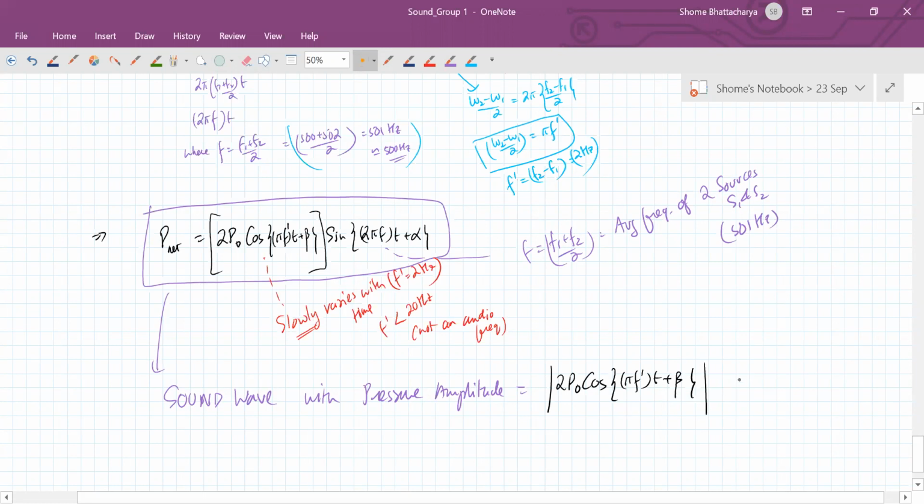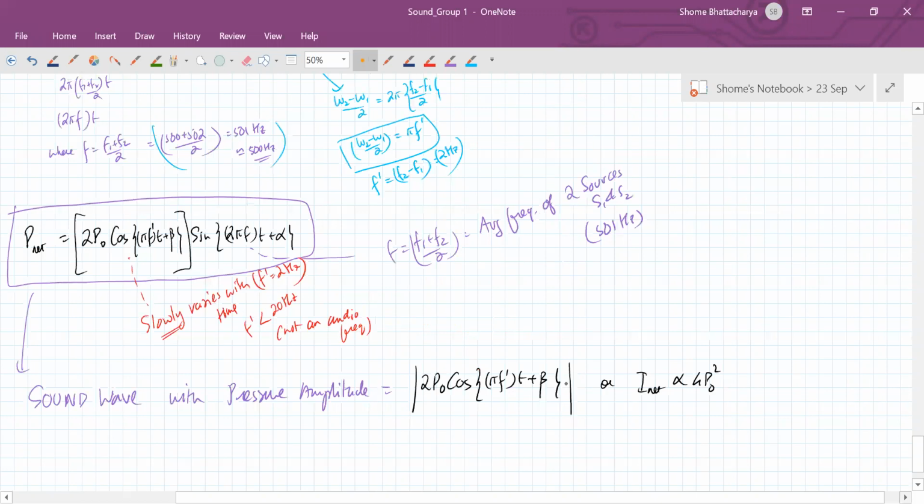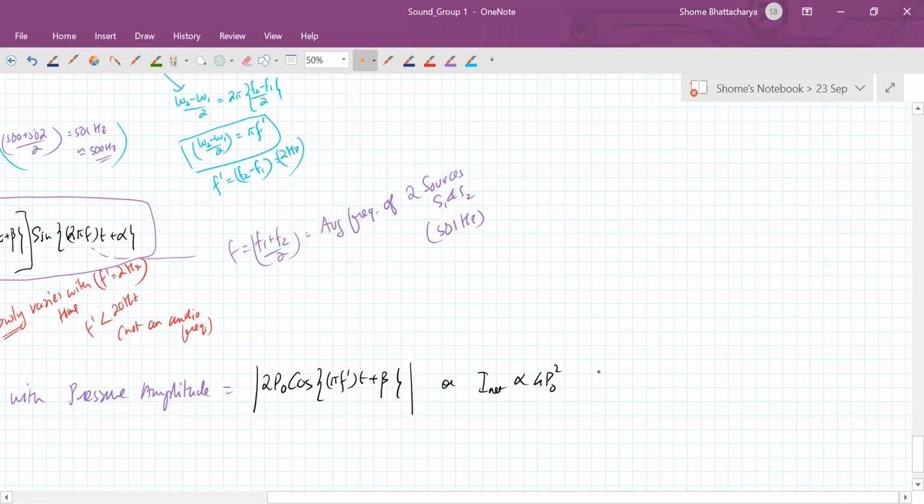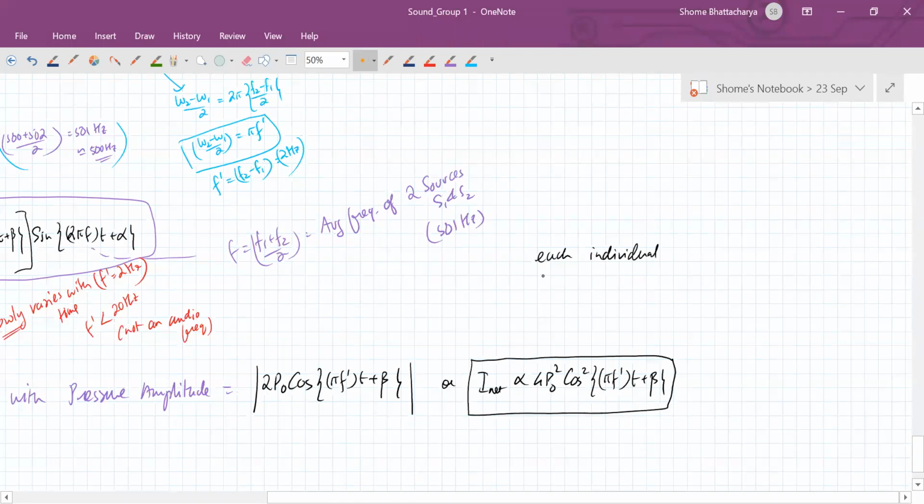This is the amplitude, or you can say the intensity is proportional to 4 p naught square cos square. This is the net intensity's proportionality, whereas each individual source produces an intensity proportional to p naught square.